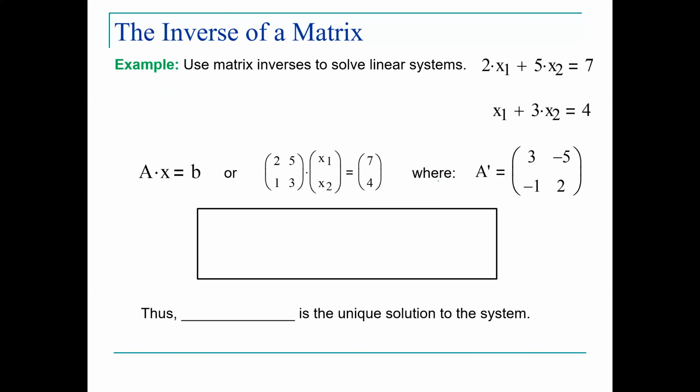In this example, we're going to use matrix inverses to solve linear systems. So we have this set of 2 equations here, and we want to find the values of x1 and x2 that will satisfy these 2 equations.